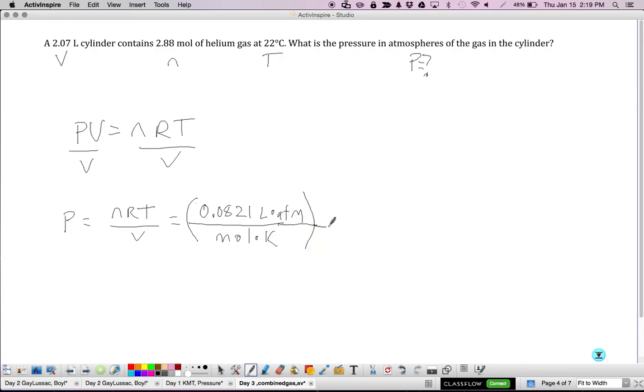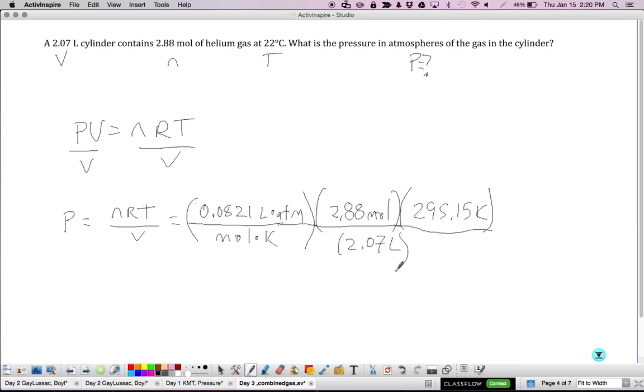Okay. Then I'm going to say that there are 2.88 moles. Okay. That's my n. And then my T is this 22 degrees Celsius, which is 295.15 Kelvin. And I take all of this and I divide by the volume, which is 2.07 liters.